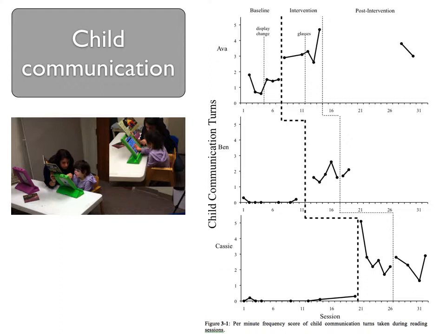Okay, so variability. We see some variability in baseline, and we see some variability in intervention. The variability at the first part of baseline for Ava is really problematic. So having that flatten out over those last 3 points was really important, and a prerequisite for the change to intervention.